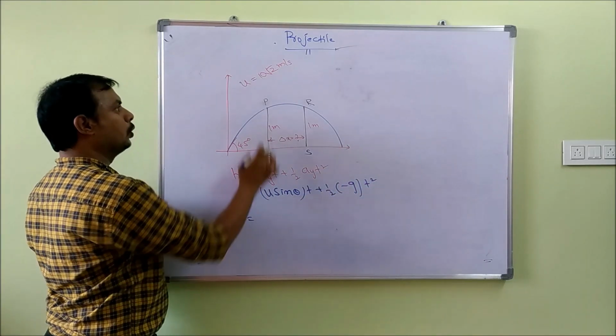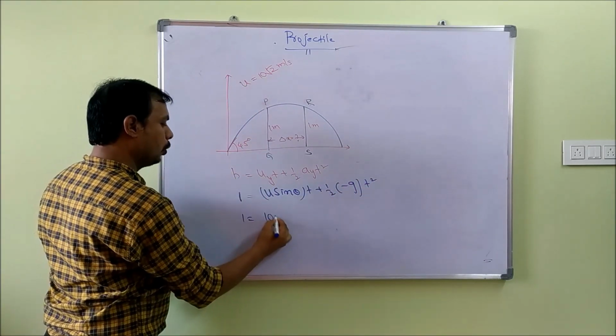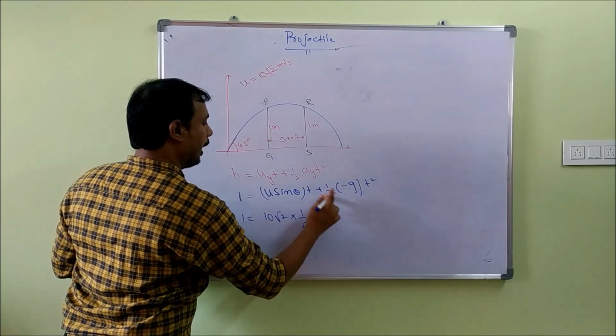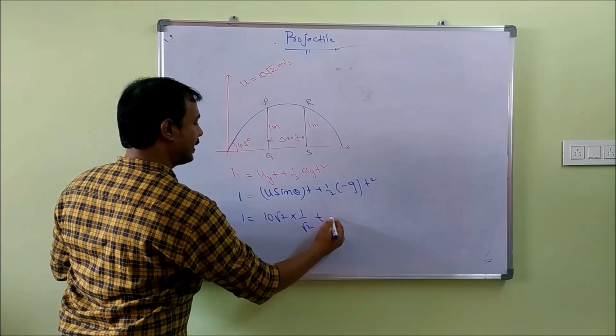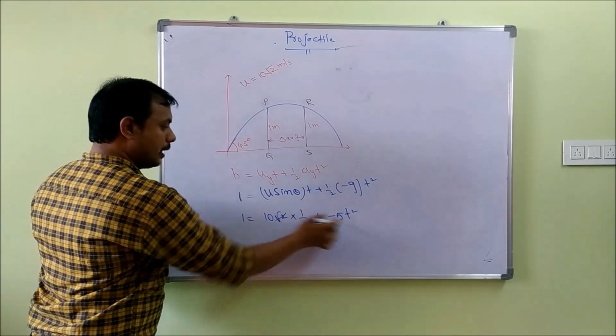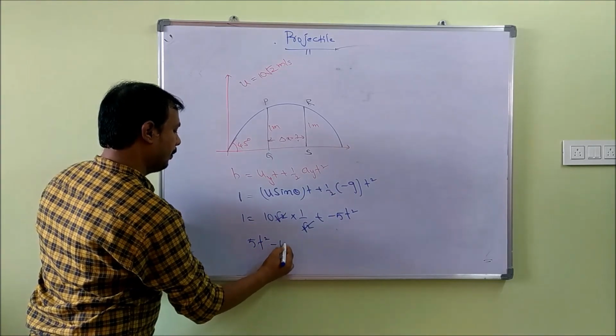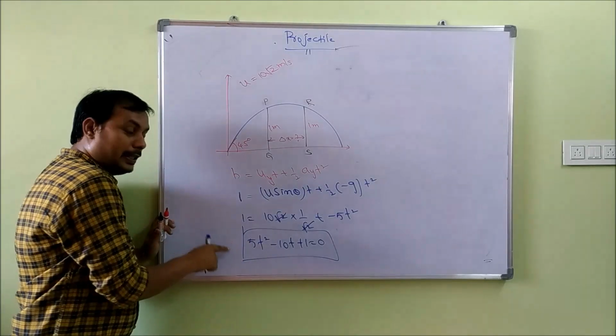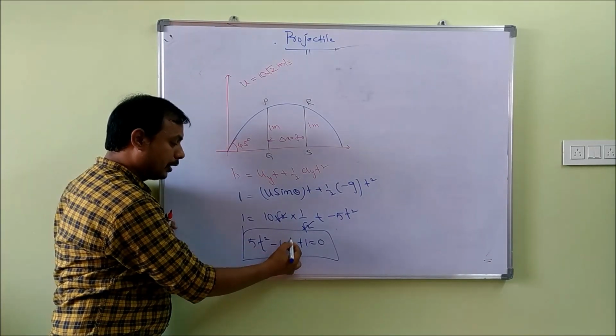The u value is 10 root 2, sine 45 is 1 by root 2, and the g value is 10. Root 2 cancels out, that is 5t square minus 10t plus 1 equal to 0. This is a quadratic equation in terms of time.